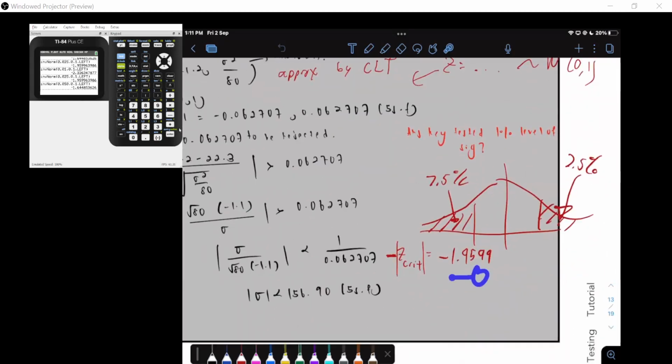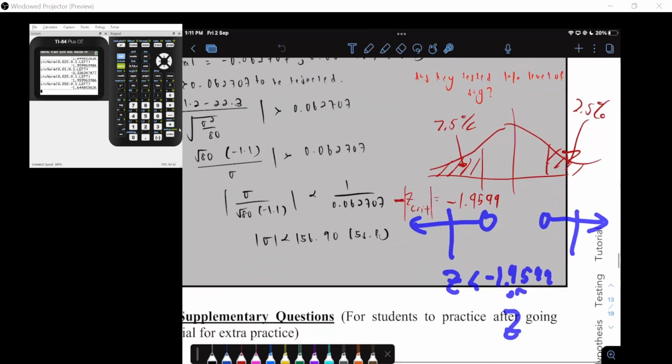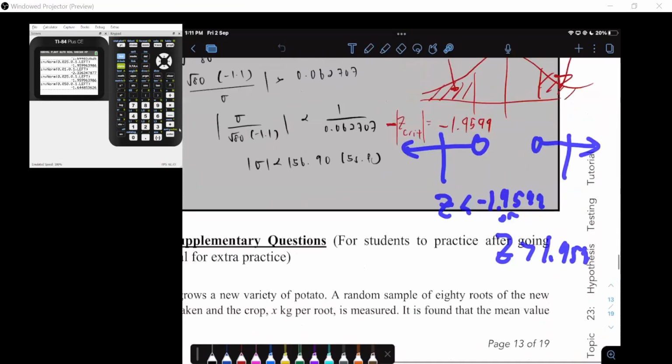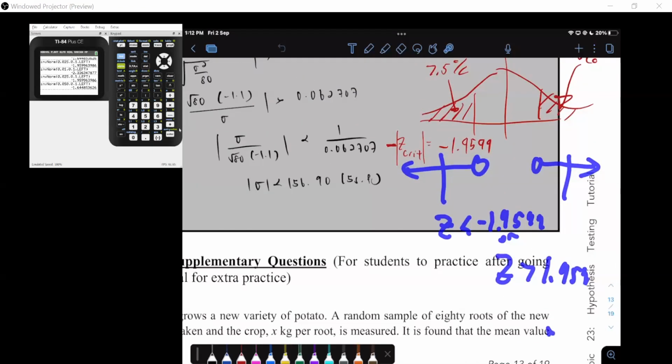Your critical region is here, and you must stay inside the critical region. That just means that your Z value must be less than those critical values, or the other case will be Z is more than the positive. Is that clear? Okay, good.